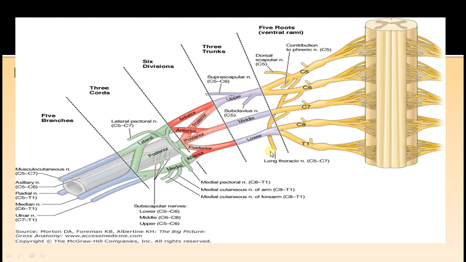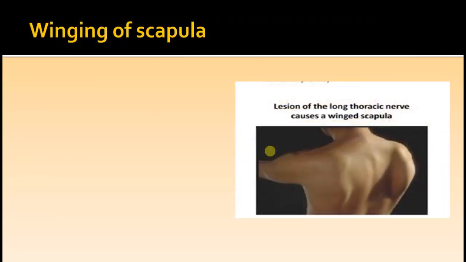Okay, so branches from the roots, again I repeat: the dorsal scapular nerve, a branch to the phrenic nerve, the long thoracic nerve, and of course a small branch to the longus colli and the scalene muscles. Next, what happens if the long thoracic nerve of Bell is damaged?